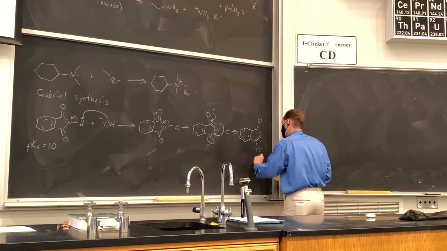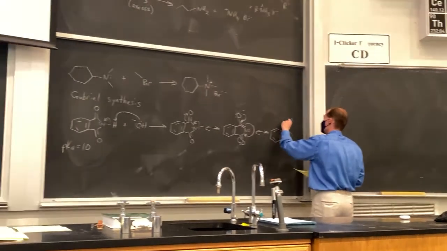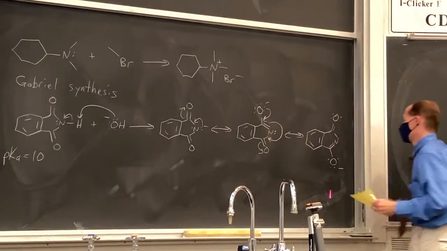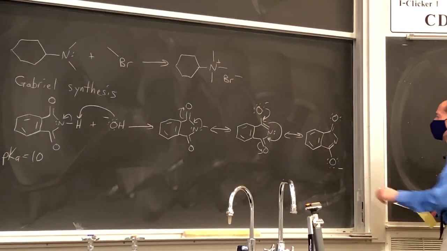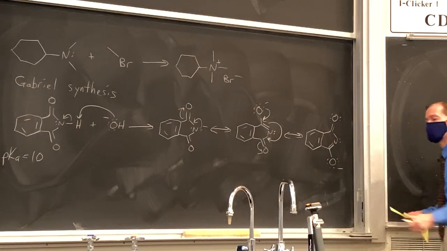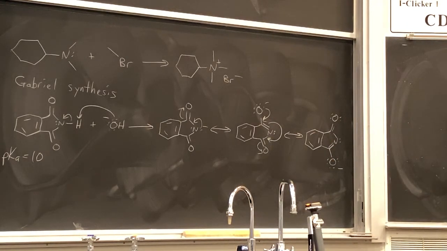These major contributors are conjugated in that the carbon-nitrogen double bond is conjugated to the benzene ring. Okay, so we have resonance, we have conjugation, and so this is a stabilized conjugate base, making phthalimide comparable in its acidity to 1,3-dicarbonyl compounds, such as 1,3-diketones, beta-ketoesters, those types of molecules.